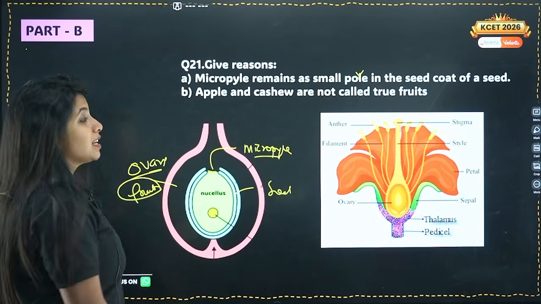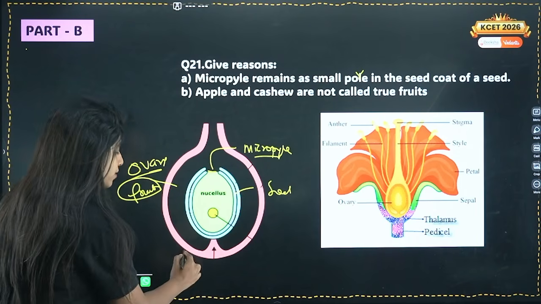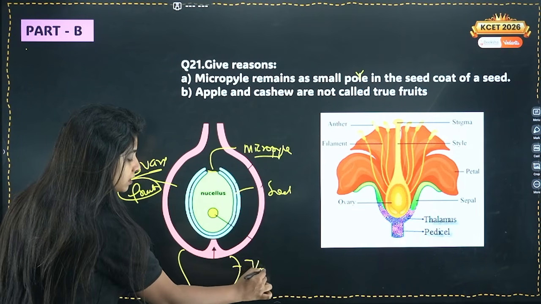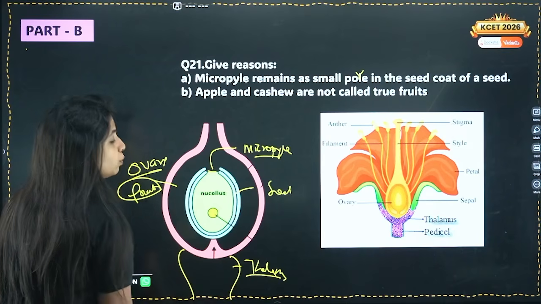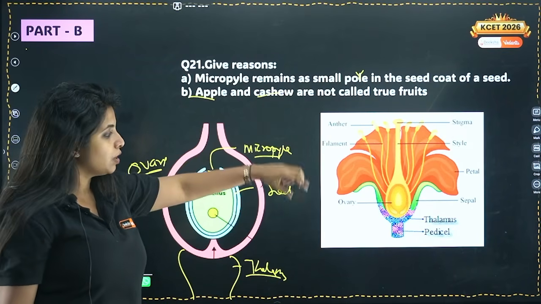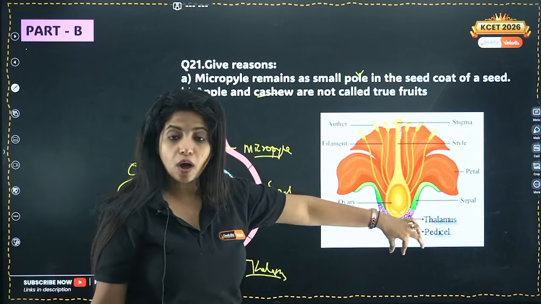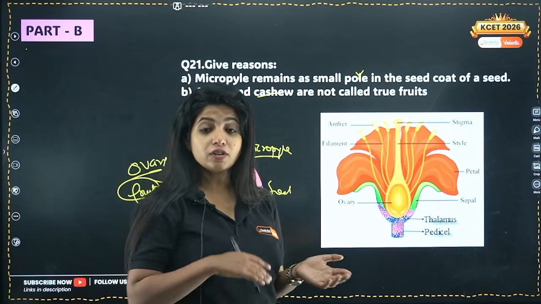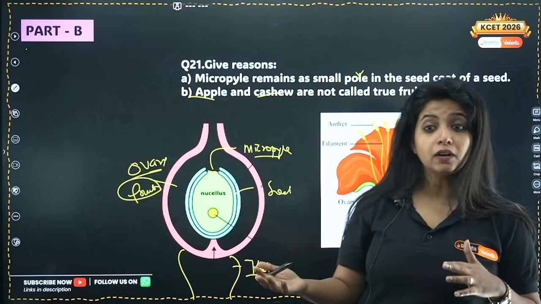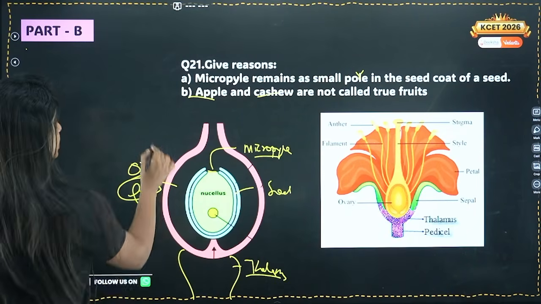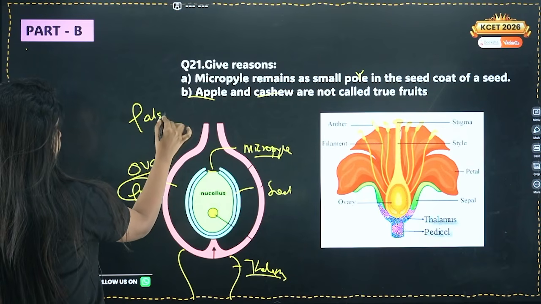For example, in the case of apple, the plants usually rest on a thalamus like this. This thalamus also contributes to the formation of fruit in the case of apple. Now in the case of cashew, the pedicel, the stalk, also helps in the formation of fruit. So these types of fruits which are not just formed from the ovary, but from other parts of the inflorescence of the flower, you call false fruit.